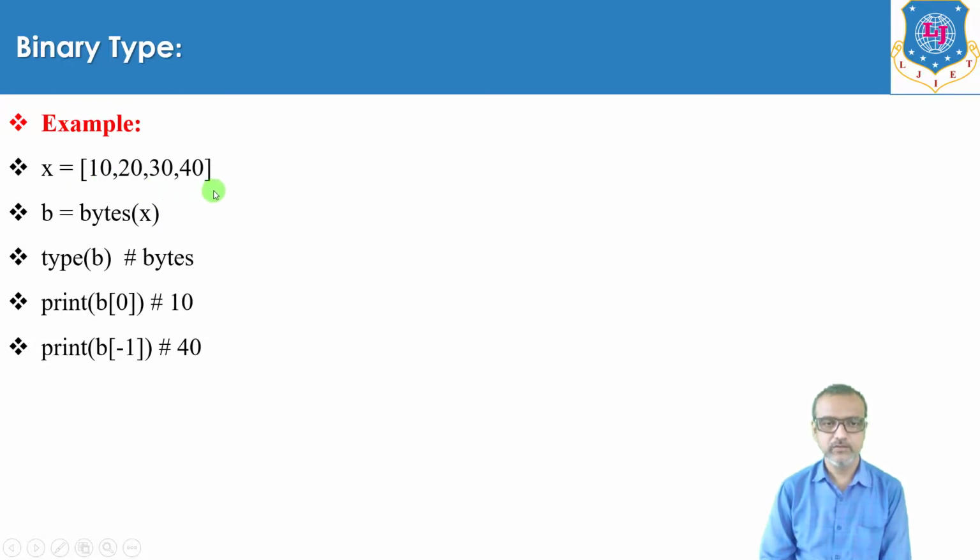But if you will go from right to left direction, that is also called backward direction, you have to take index from -1 onwards. That is, the index of this 40 element is -1, this 30 element is -2, and so on. So print of B of -1 will give us the output as 40, because this is present at index number -1.